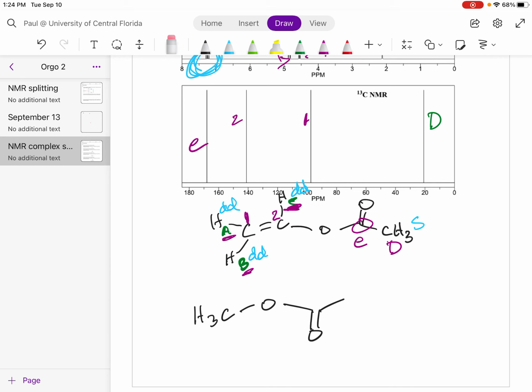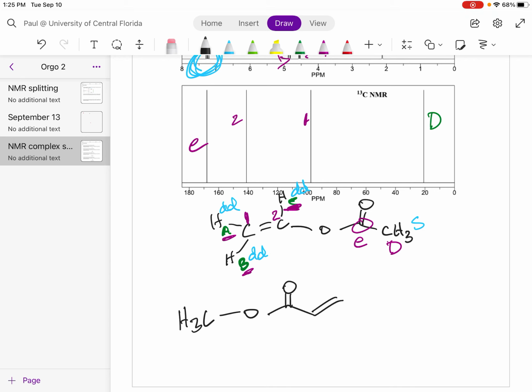I think they just swapped the two ends there. Yeah, that's the structure that some people came up with.